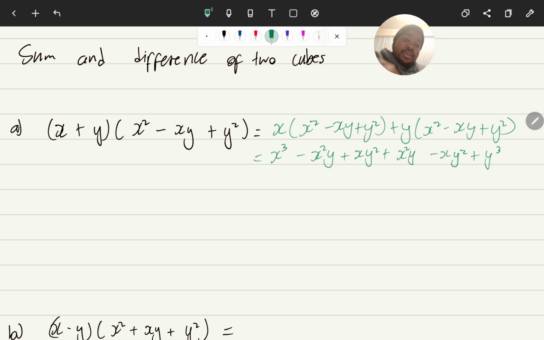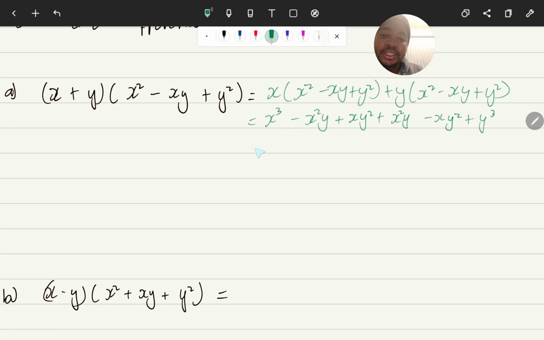I'll just recheck to make sure I didn't make a mistake. X to the power of 3, and then x squared y, xy squared, yx squared, y squared x. Cool, everything makes sense.